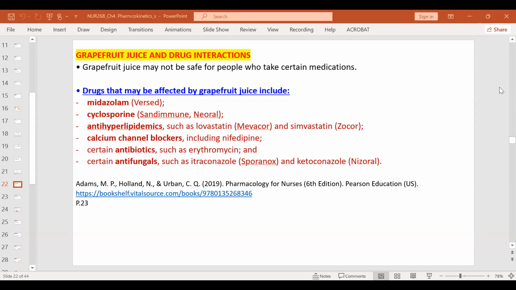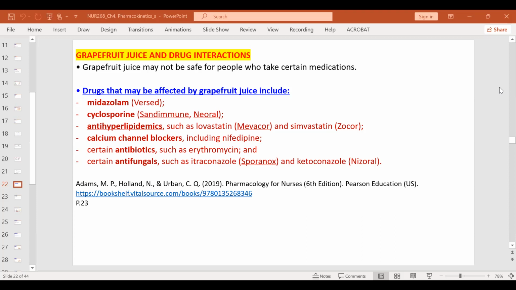The drugs that may be affected by grapefruit juice include midazolam (Versed), cyclosporine, antihyperlipidemics like statins, which I will cover in the cardiovascular chapters, calcium channel blockers, an antihypertensive drug like nifedipine, certain antibiotics like erythromycin, and antifungals like ketoconazole (Nizoral).